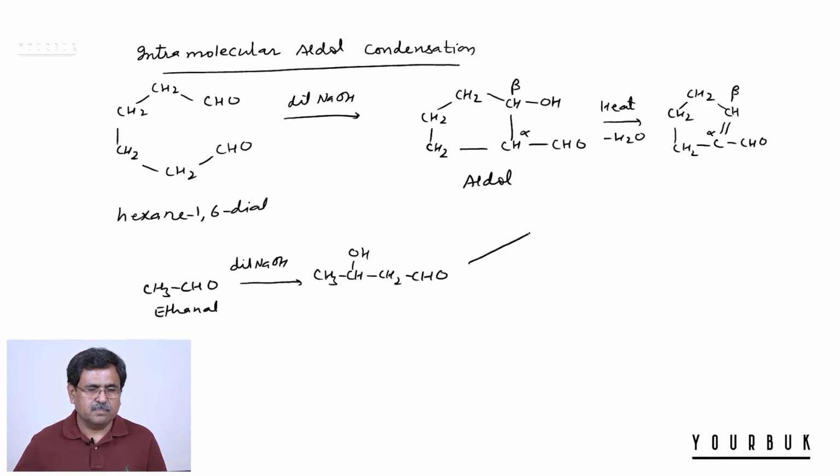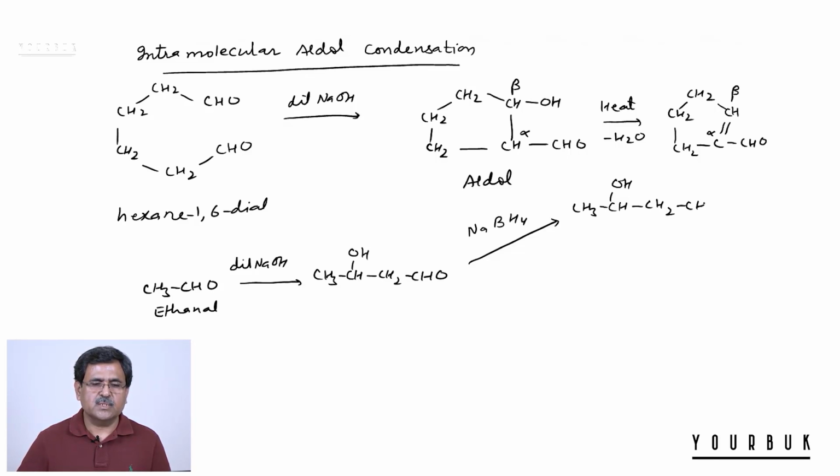For example, if you reduce it with NaBH4, NaBH4 will reduce aldehyde to primary alcohol. So the product obtained is this. This is called butane 1,3 diol.